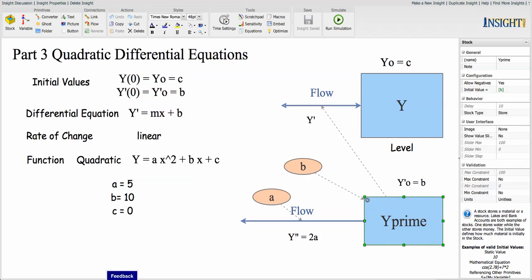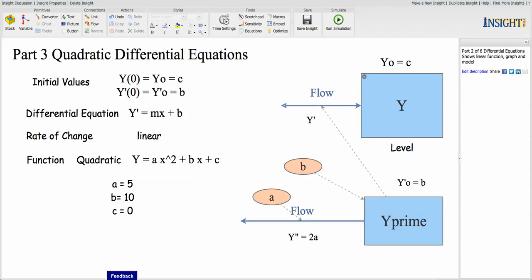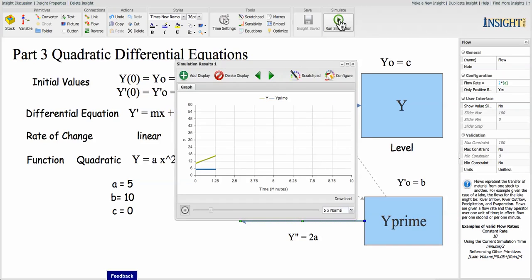For this we're going to make the initial value of b 5 instead of 10, instead of 30 I mean. And for our first run here we're going to make this 0, so that we start with the same values as we did in the other. This flow is going out, so this is a decay instead of a growth for this flow. So this is going to be interesting. We'll see what this graph shows us here.